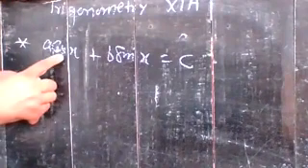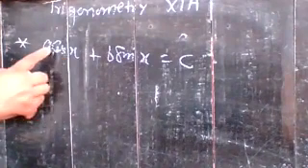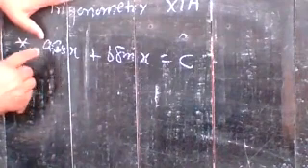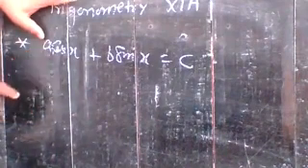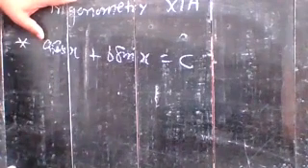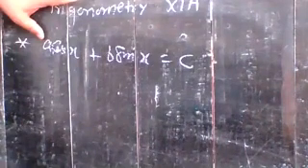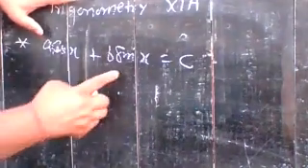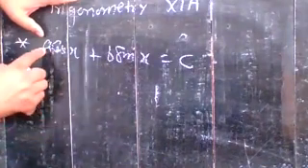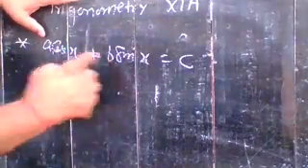So this a can be converted in terms of cos. You know cos is base upon hypotenuse, and sine is perpendicular upon hypotenuse. So here you treat a as base and b as perpendicular.